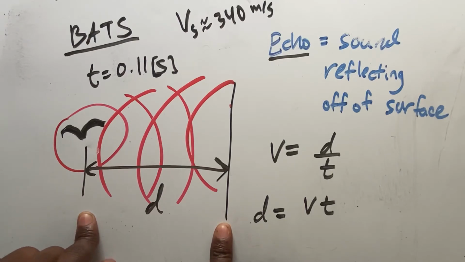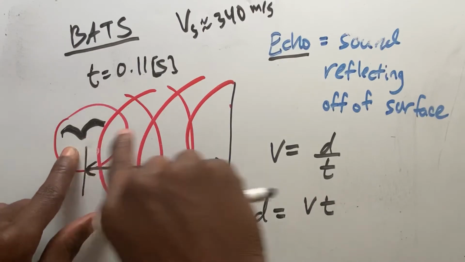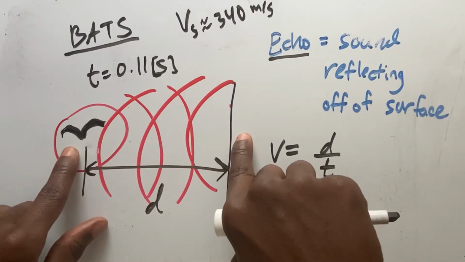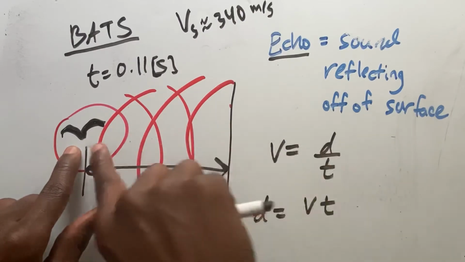So basically the sound travels two distances, right? The sound travels from here to here. That's like 1D going in that direction, and that's what we're trying to find.